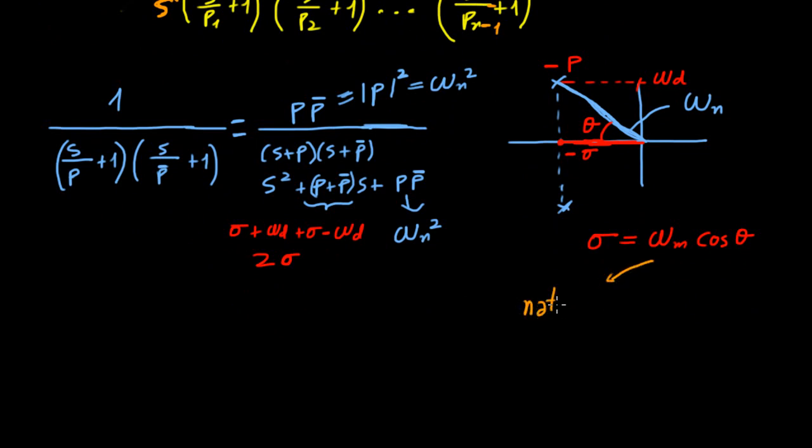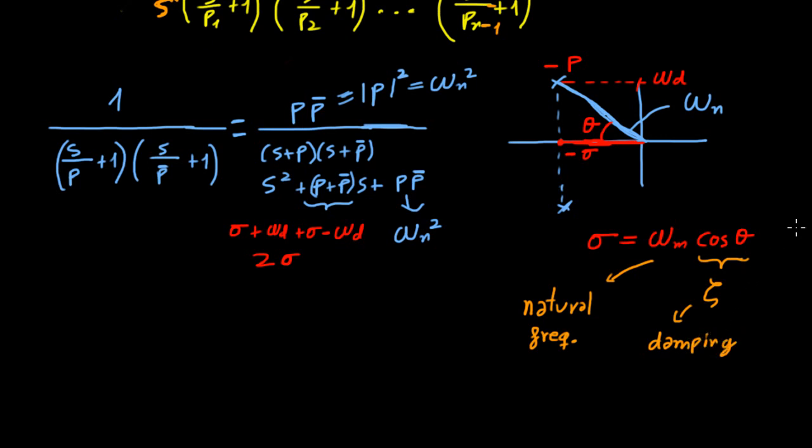And the cosine of theta is called the Greek letter zeta. The cosine of theta is zeta, and this is also called the damping factor.